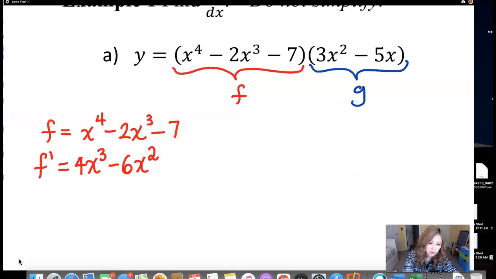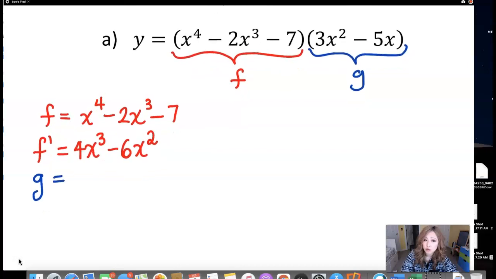Now I'm going to move on to g. Let me write down g. g just means the second thing that I'm multiplying, which is 3x squared minus 5x. This is just me labeling things out. Some of you can do this in your head and write the answer in a single line, but I like to keep things organized.